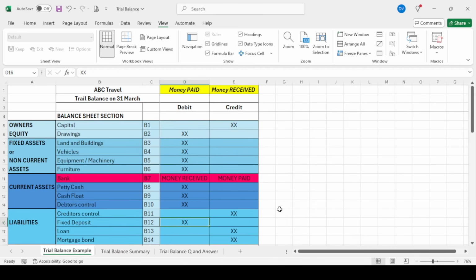The other three that were left, creditors control, a loan, and a mortgage bond, go on your credit side as money received. So, of course, if you take out a loan or you buy a property through getting finance and you've got a mortgage bond that you have to pay back, this is going to cost you money, definitely more than you would want it to cost you.